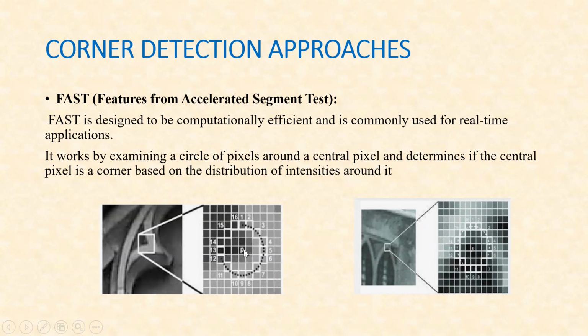This center pixel here is the one that determines whether it is a corner or not. So it works by examining pixels around the central pixel and determining if the center pixel is a corner or not.